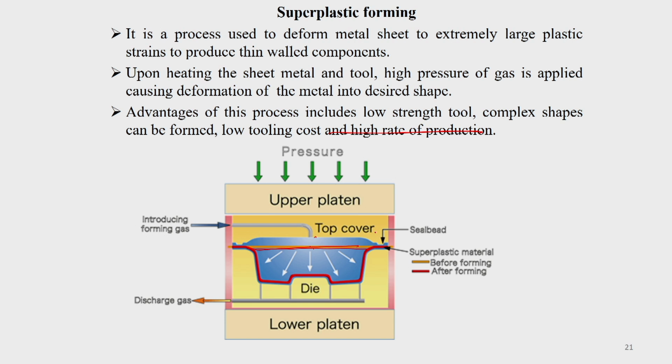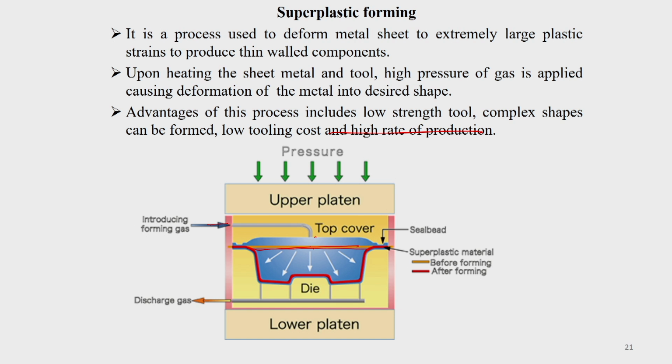When that particular temperature is reached, you introduce forming gas into the top chamber. This is generally done at a low strain rate, so the sheet will keep on moving like this.